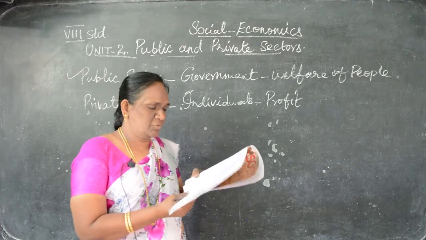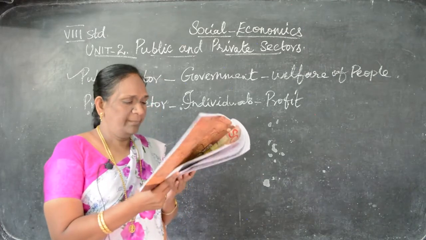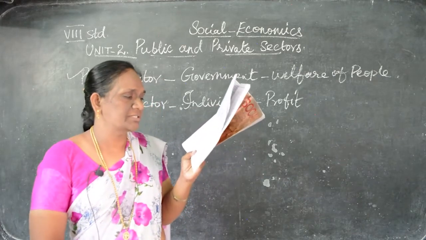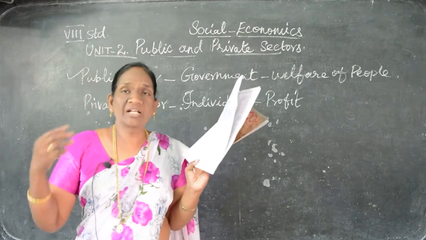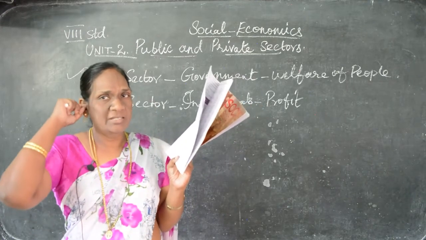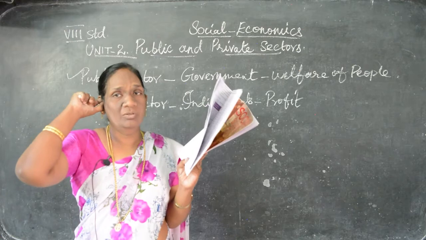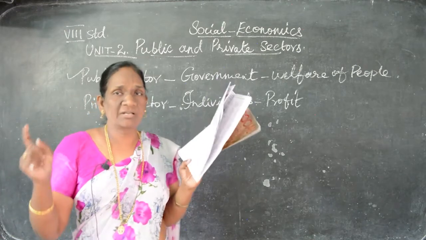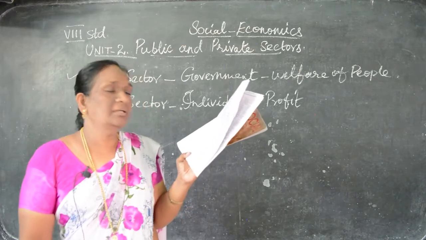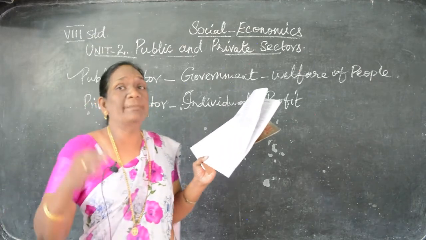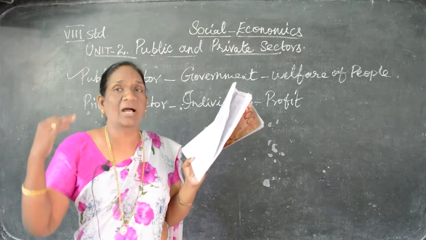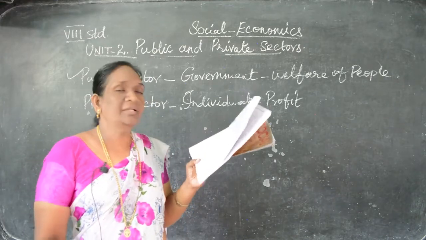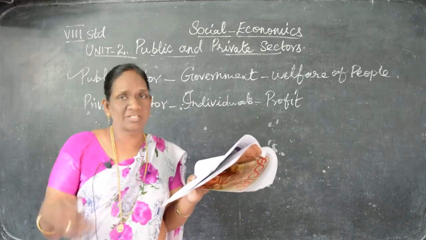Now next we will see about the history of the public sector. What is the history? Actually, we achieved independence in 1947. You all know that on August 15, 1947, we got independence. At that time, India was primarily an agricultural country, with a weak industrial base.